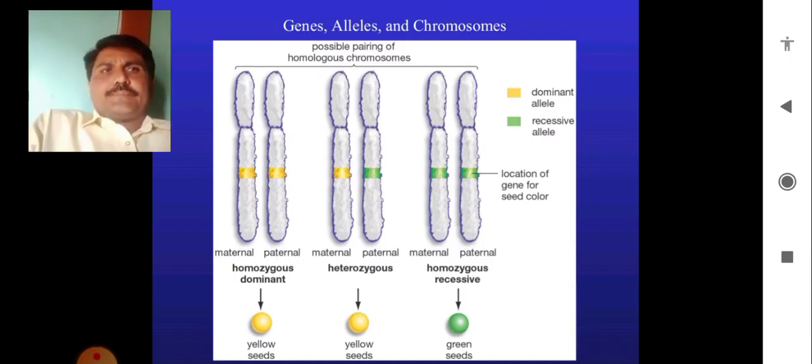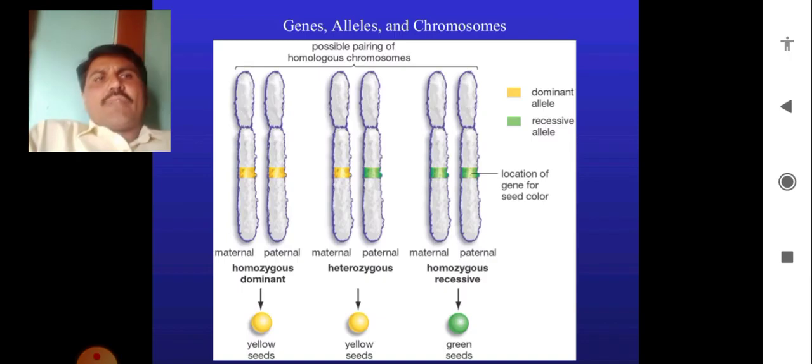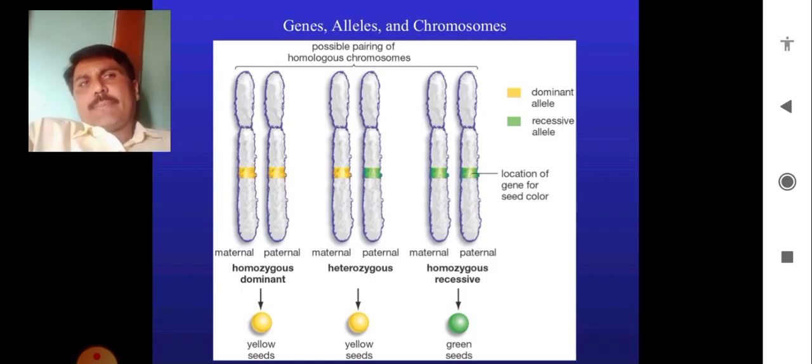So friends, in the homozygous dominant chromosomes, we see the genes present at the same loci and of the same color. Look at this.